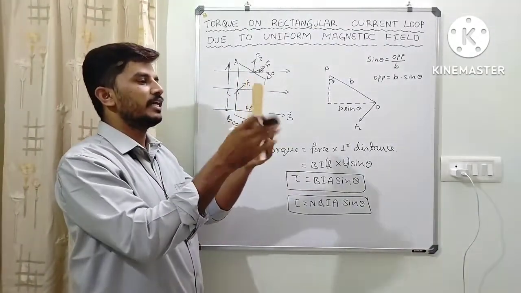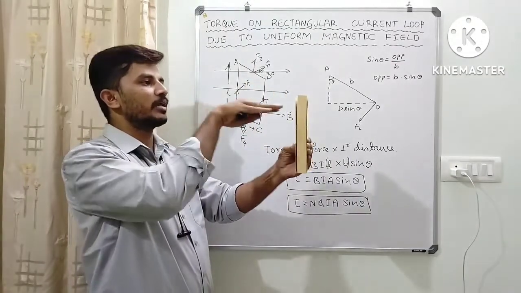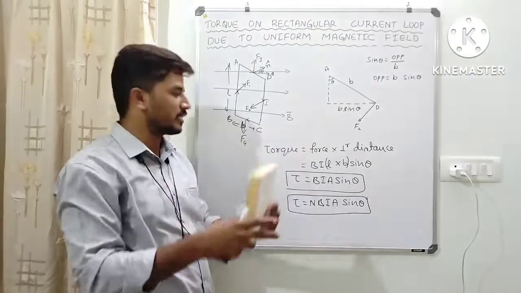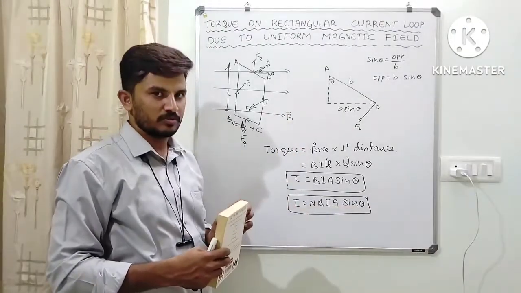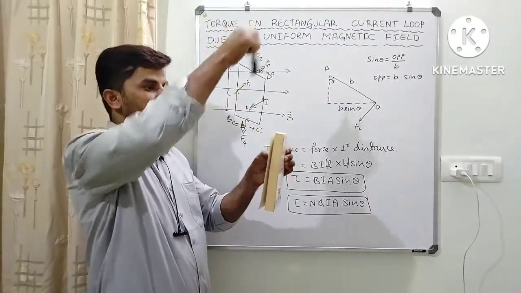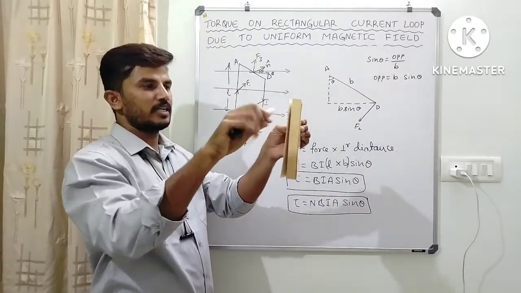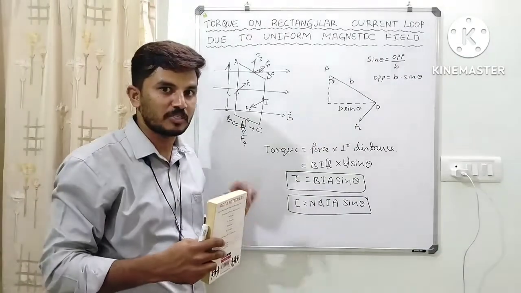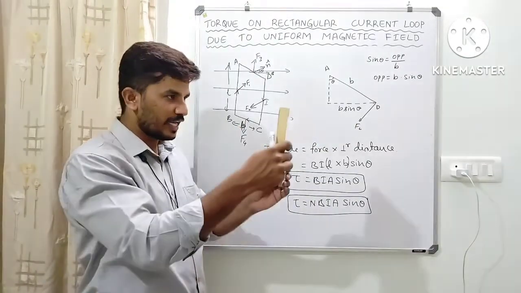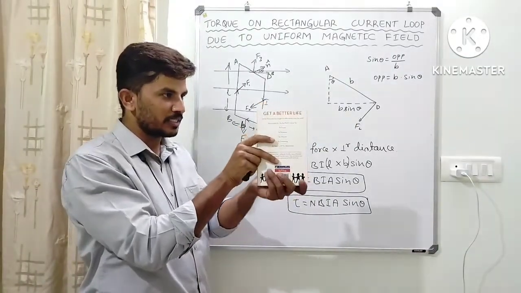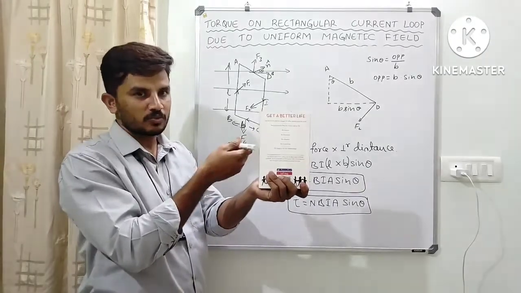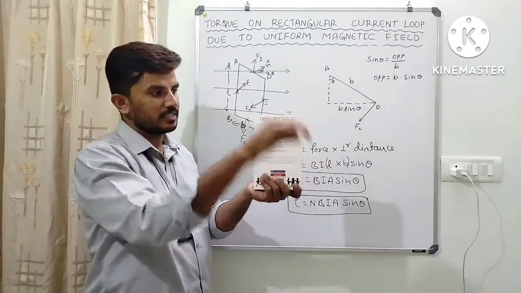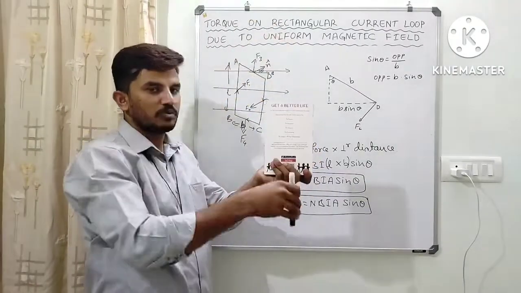So if in case theta is 0, the area of the rectangular loop is perpendicular to the magnetic field. Then the torque will be 0, because sin 0 is 0. One force acting upwards, one downwards, one on the left side, one on the right side, so the net force will be 0 or minimum. If in case the loop is present like this, the force acting on this side will be like this, and here like this; upward and downward will cancel out.